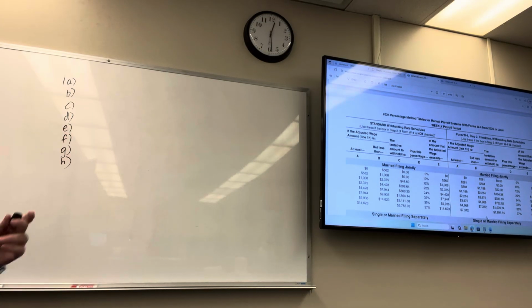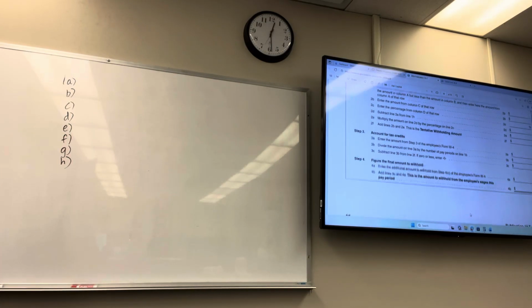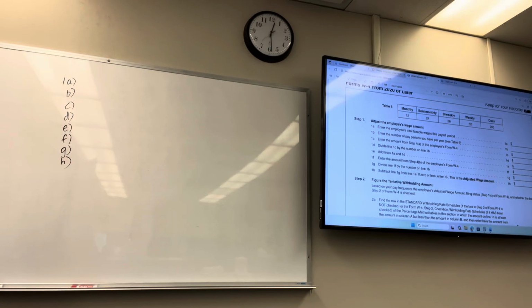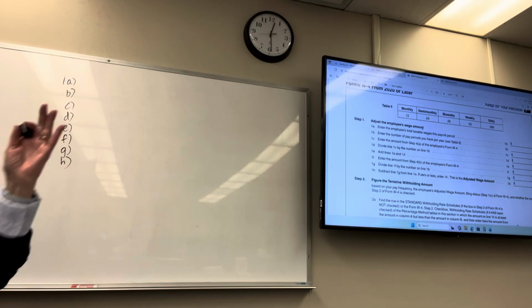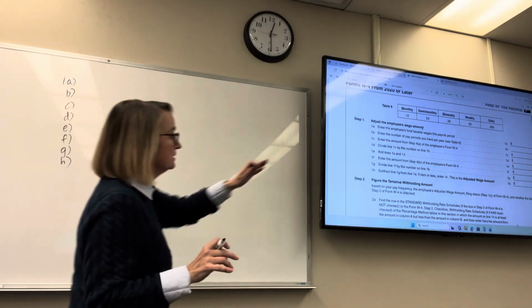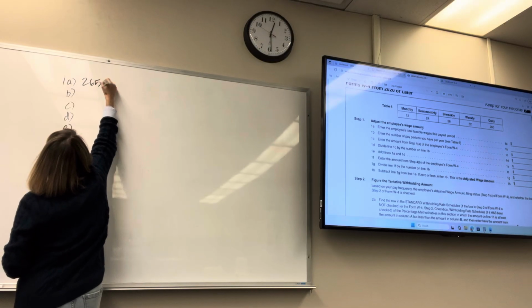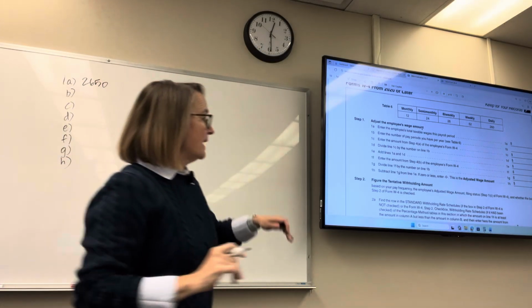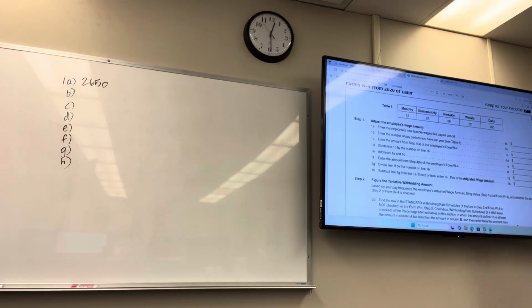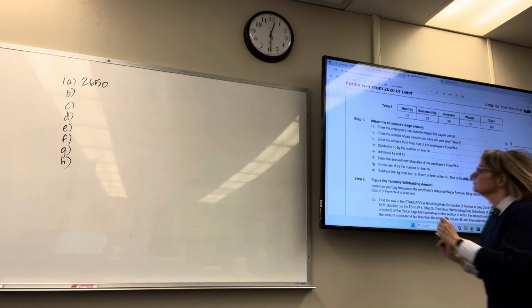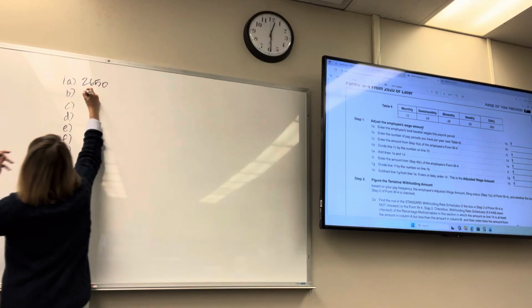Okay, first thing we need to do is figure out the employee's adjusted wage amount. Step 1A is going to be the $2,650. Paid bi-weekly, so we've got 26 pays.